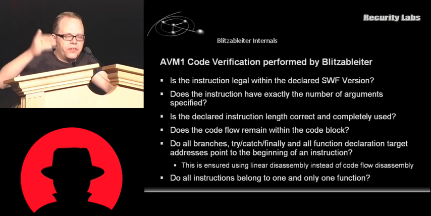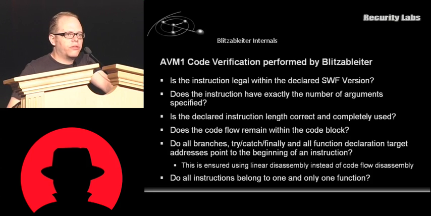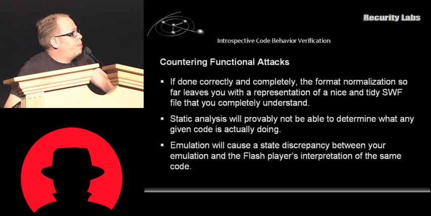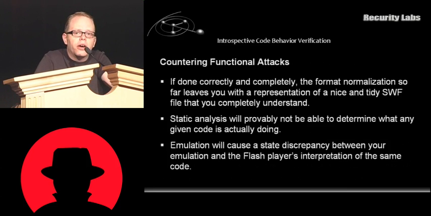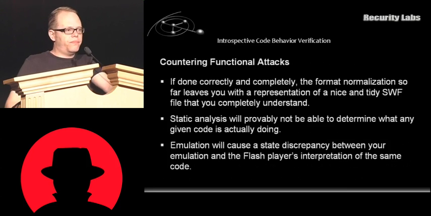Are all the addresses coming out of function declarations and try-catch-finally blocks actual instructions? If we do all that correctly, and I believe we do, then we end up with a nice and well-formed Flash file. And this Flash file can then be used to counter functional attacks that use Flash functionality instead of trying to exploit the player.